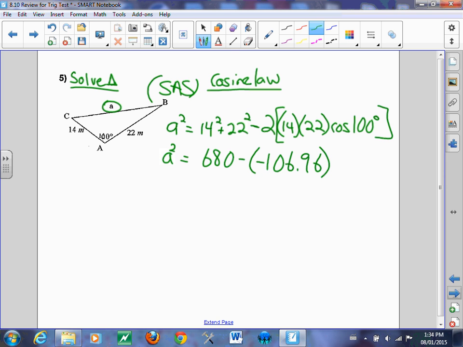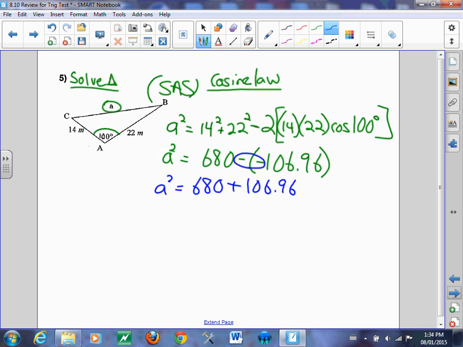Here's a quick strategy. This will make more sense in grade 11 when you get there, ladies and gentlemen. But when you take the cos of an angle that's greater than 90, you're actually going to have a negative value. That won't make sense until grade 11, but you've got to remember here, a negative times a negative actually becomes a positive. Okay? So plus 106.96.